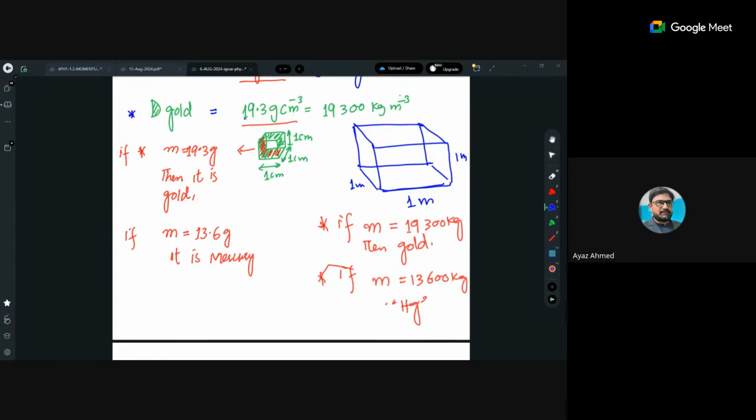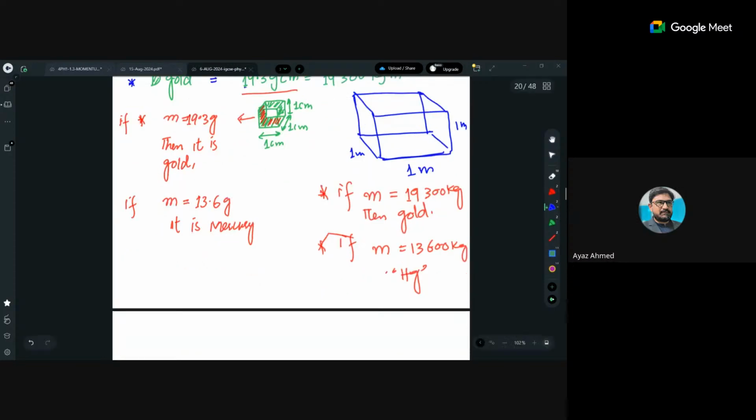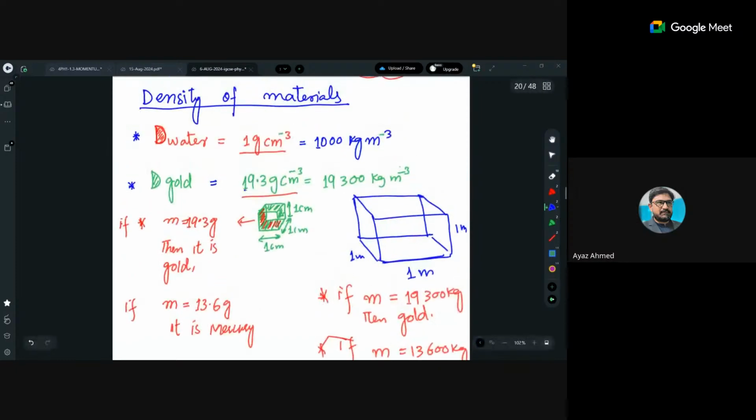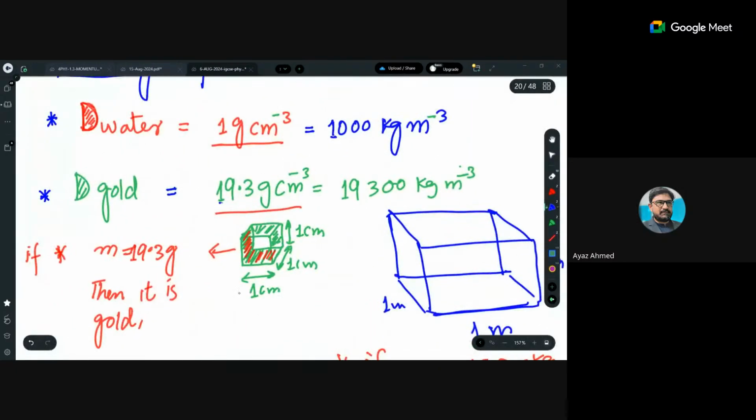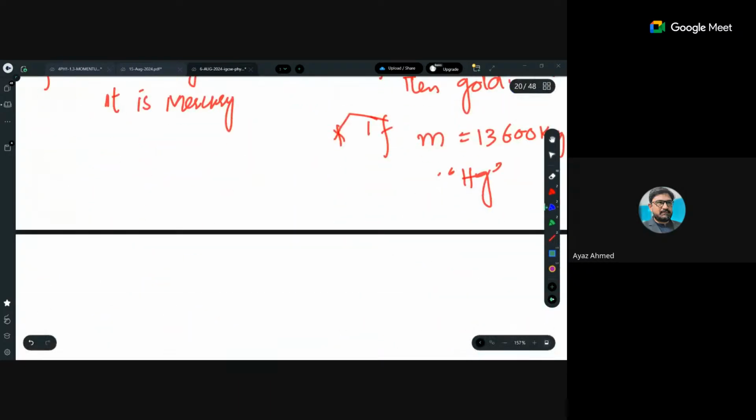The next is the conversion. That is also a very important factor. If you notice, if one factor is gold, gold does not change. Either I got a big block of gold or a small cube of gold, it is still gold. So when the material is not changed, density will not change.